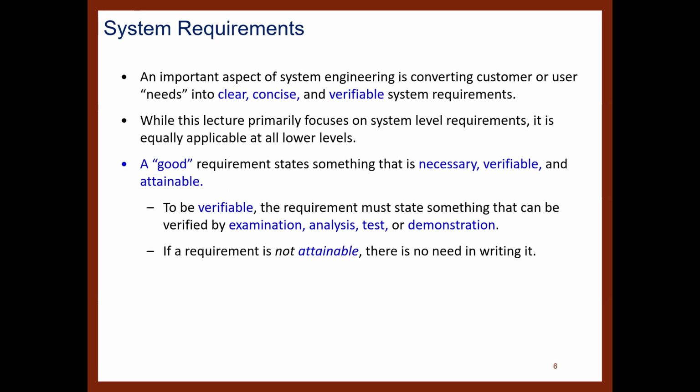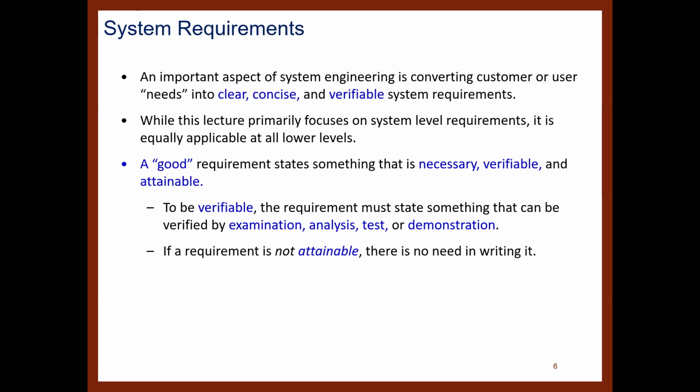So what we are trying to do with our requirements is to take that information that is passed from the customer, right, from the user's need, into a clear, concise, and verifiable requirement. So this is the idea of the customer. They think that this is what they need in order to solve the problem. We are taking that input and we're trying to transfer that into, okay, if we're going to achieve that goal, these are the things that we have to accomplish.